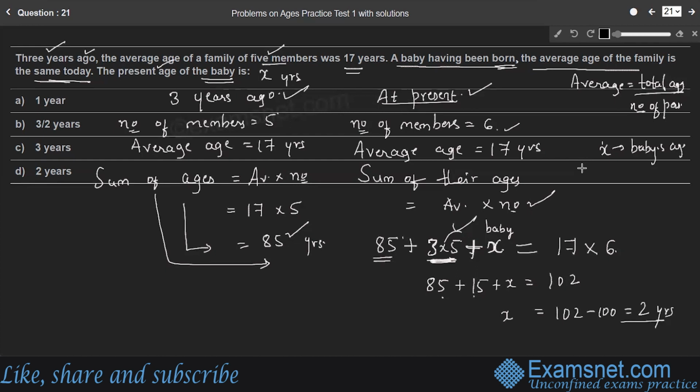Baby's age is 2 years. The present age of the baby is option D, 2 years.